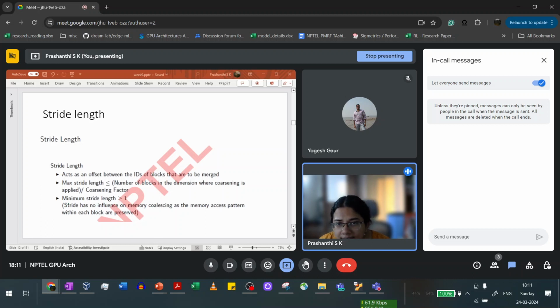The min stride length here: remember that there we were concerned about the memory access pattern, but here there is no influence of this factor on memory coalescing, because the access patterns within a block are not going to change, right? So your lower bound is simply 1.